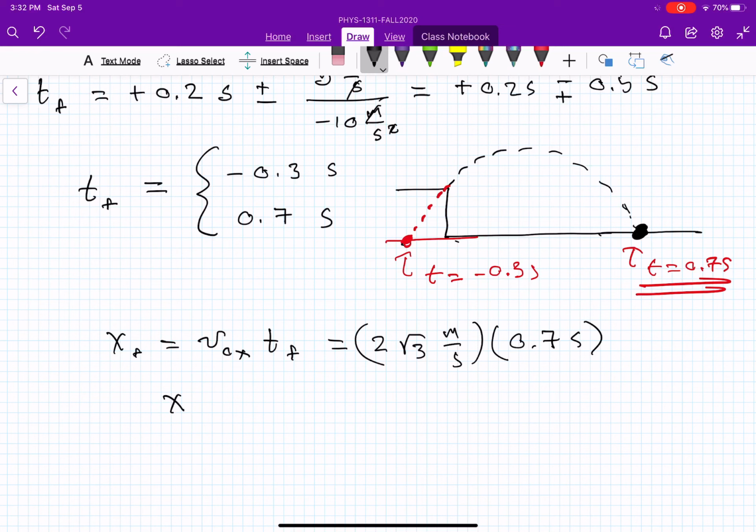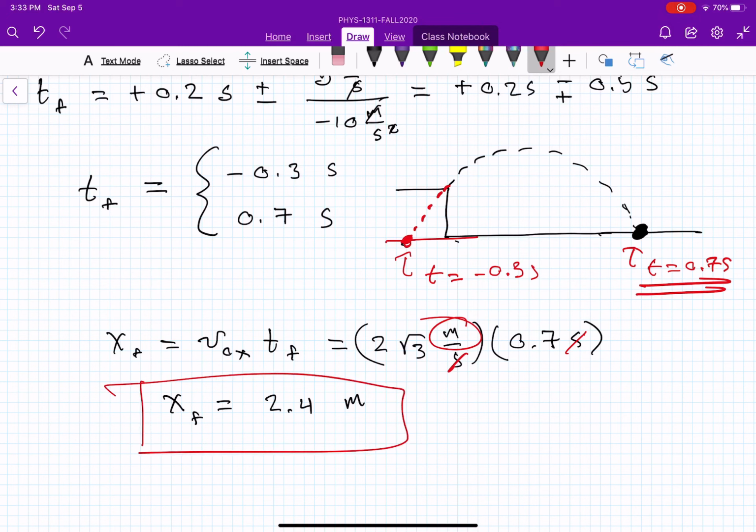And if you want to go ahead and plug that into a calculator, we get about 2.4 meters. And notice the units work out, right? So these units cancel so that I'm left with meters here. So this is our answer for the range, how far this thing goes. That's this distance.